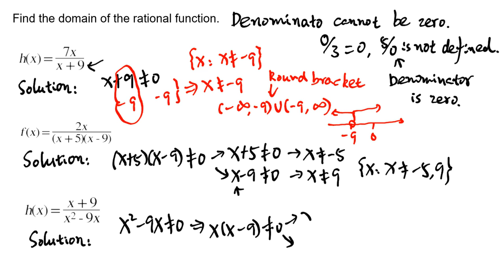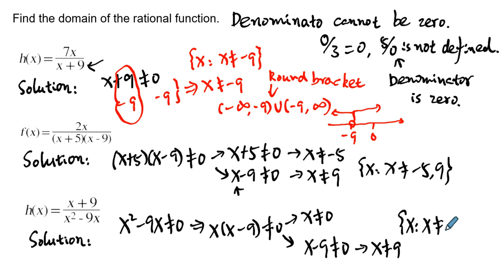One is x cannot be 0. Another is x minus 9 cannot be 0. So from here you have x cannot be 9. So then the domain is x cannot be 0, x cannot be 9.